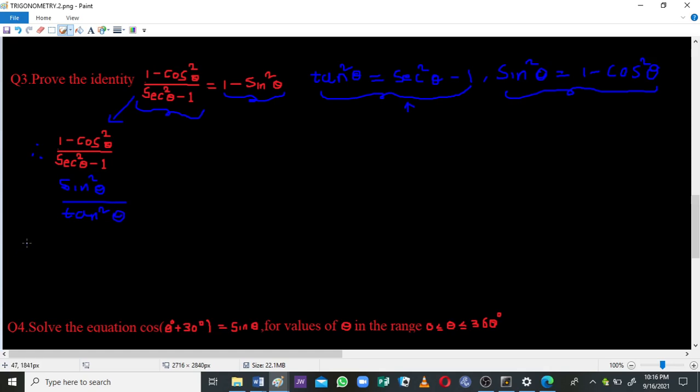Now here again you can substitute. We know that tan can be substituted again. We know that sine squared theta over tan squared theta can be substituted by sine squared theta divided by cos squared theta, right?